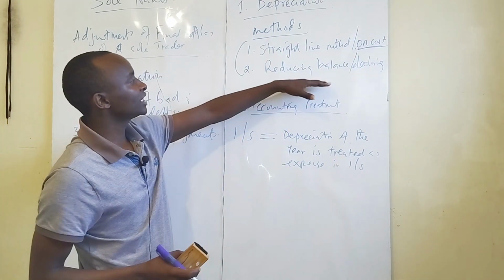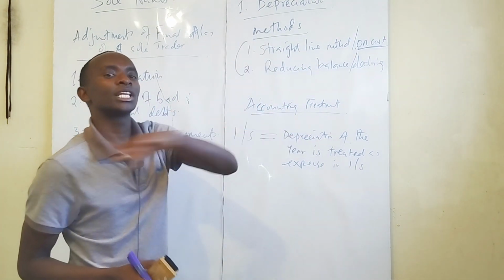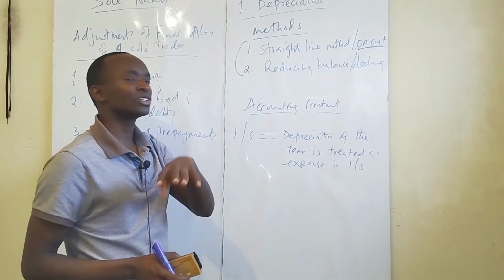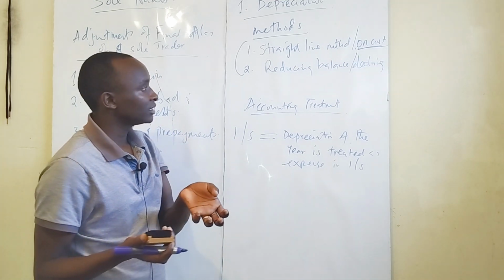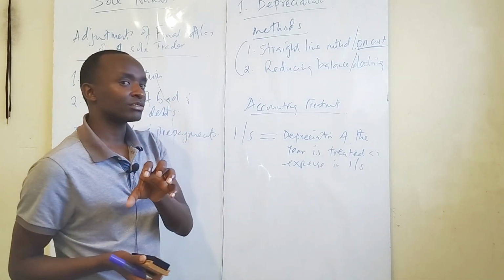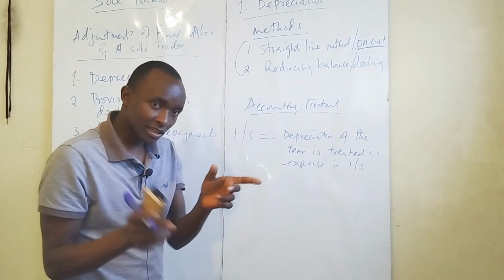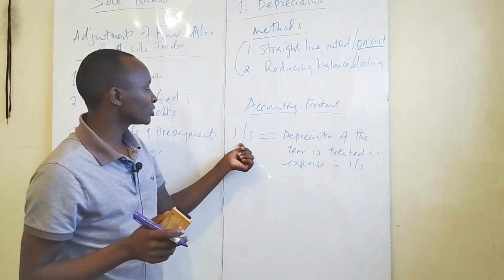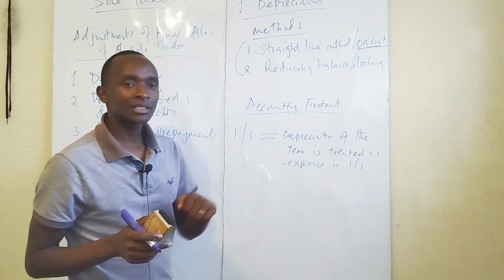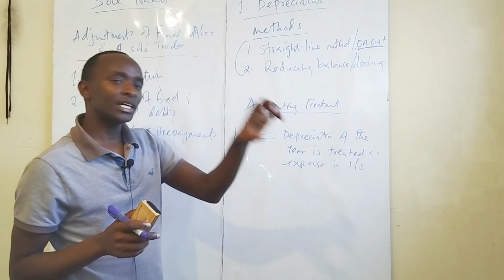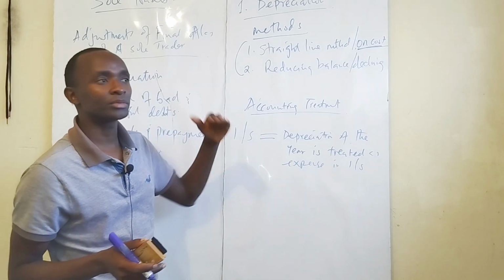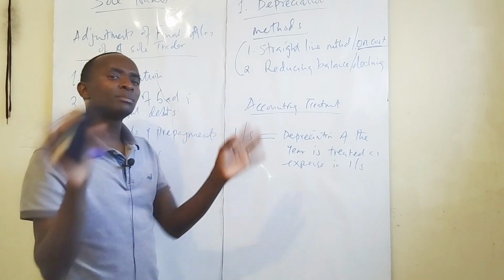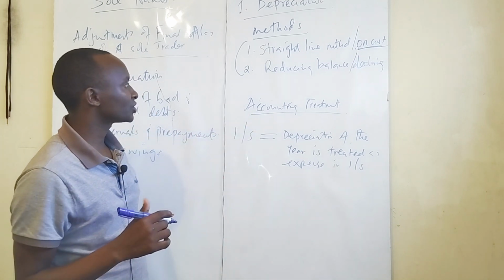So if we find that 10% of the cost of this motor vehicle is 100,000, for instance, yes, that is the depreciation of the year. So the depreciation of that year will be taken to the income statement as an expense. Under less expenses or losses, you also include depreciation of motor vehicle, depreciation of land and buildings. So it depends on the kind of depreciation you are doing.